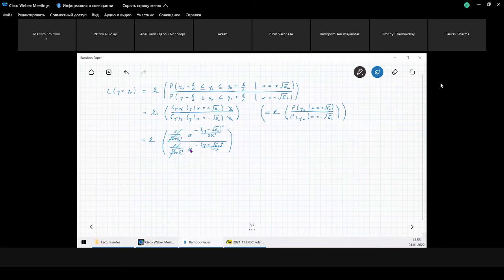So we can also write this as basically the product of the two functions.